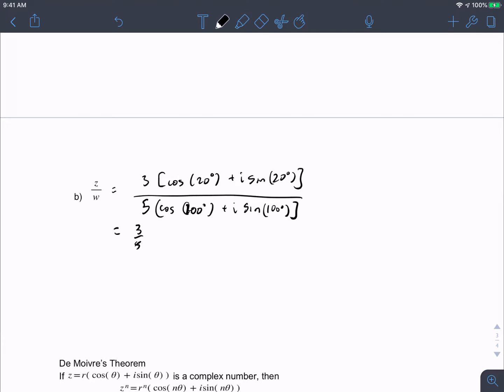So we're going to get 3 over 5 times cosine of 20 degrees minus 100 degrees plus i sine of 20 degrees minus 100 degrees.